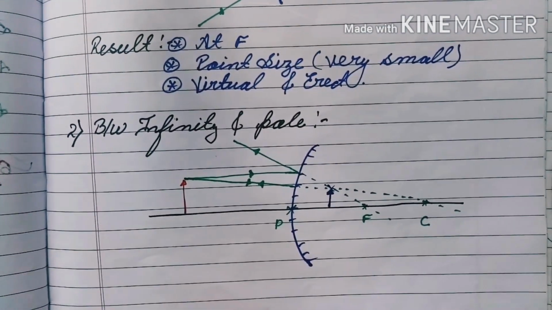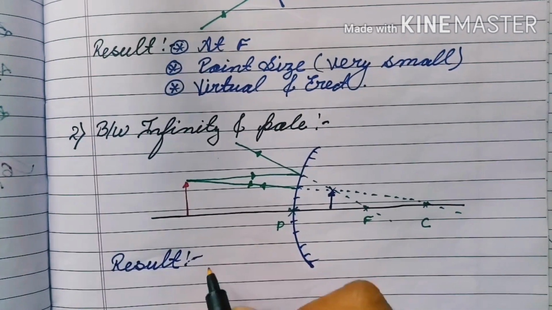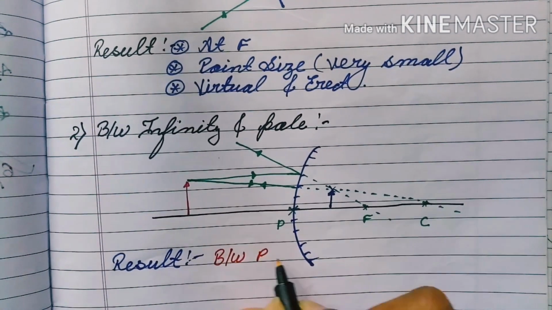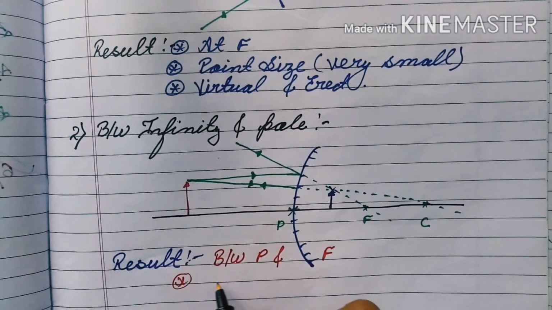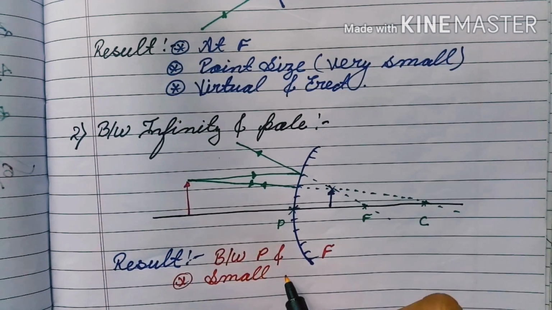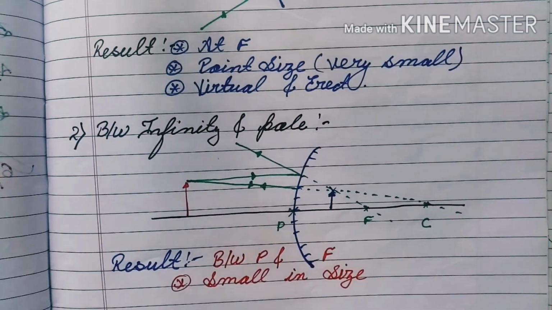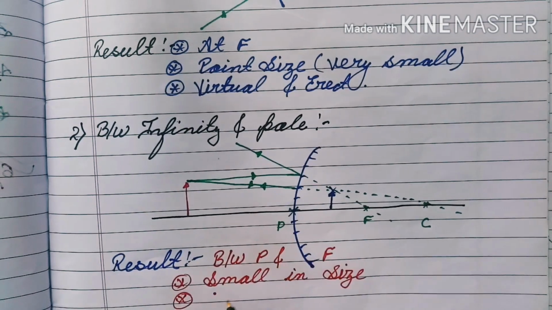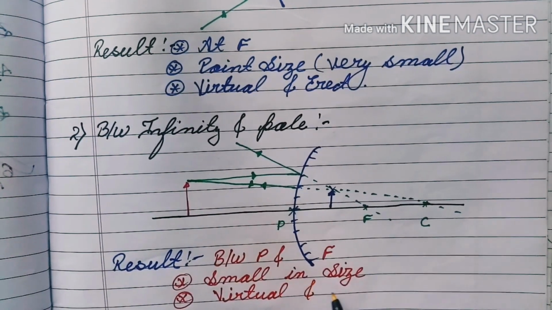So the result: the image is formed between pole and focus, small in size as compared to the object. And the third case is the nature of the image is virtual and erect.